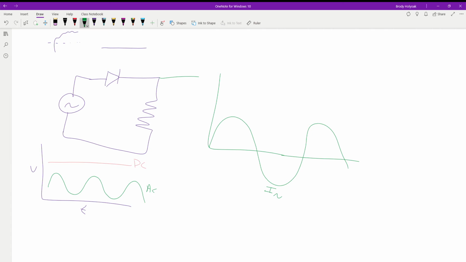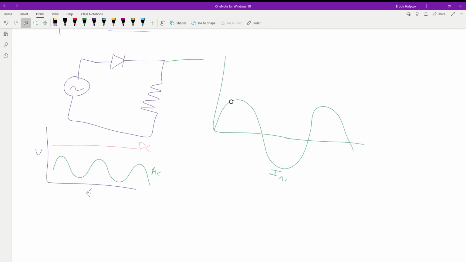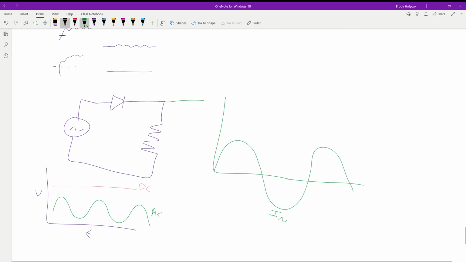So in this case, we have a positive polarity attached to the positive of our diode, so it's going to allow that voltage through. When it gets to the negative cycles, it shuts it down. All the voltage will be dropping across the diode. And what we'll see is this.